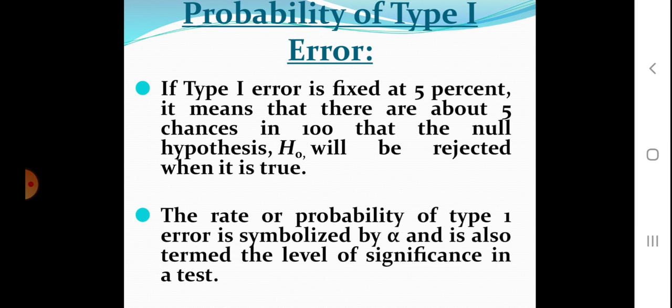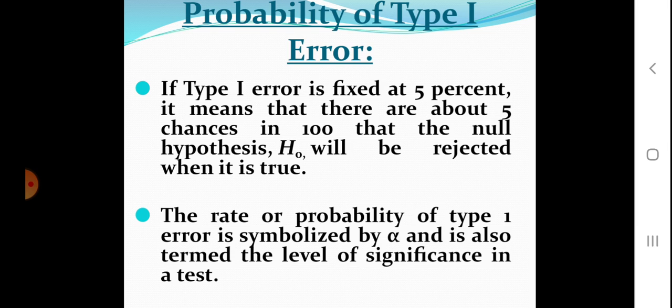See, if type 1 error is fixed at 0.05, that is 5%, it means that there are about 5 chances in 100 that the null hypothesis, that is H0, will be rejected when it is true.